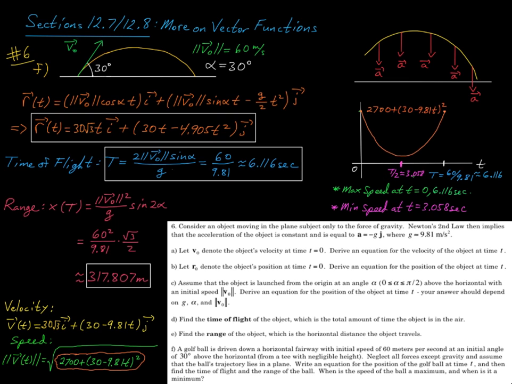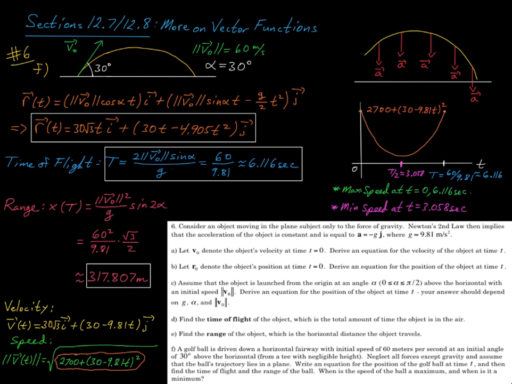So that's about 3.058 seconds. The value at 0, when we launch the ball, and the value at impact, when the ball lands at the time of flight, that quantity has the same output value.